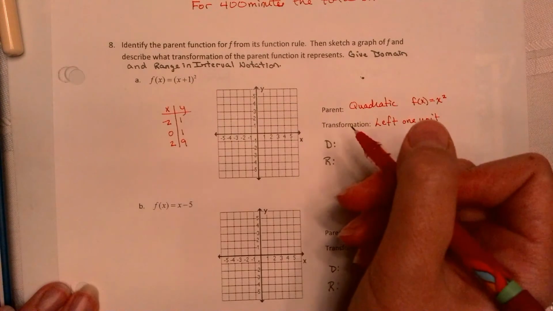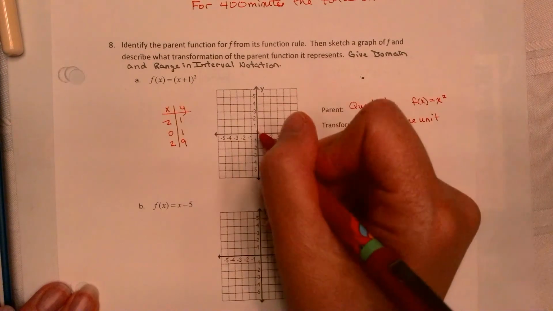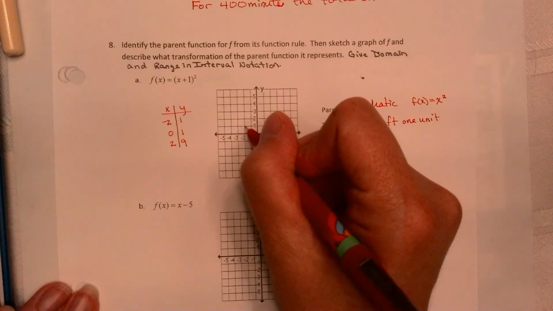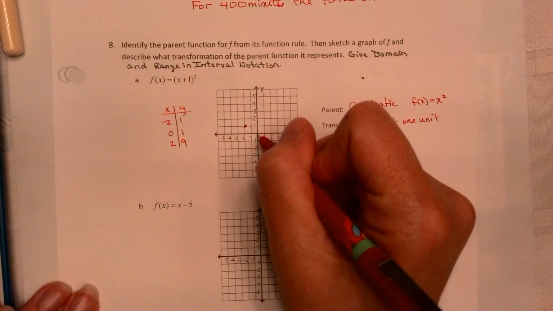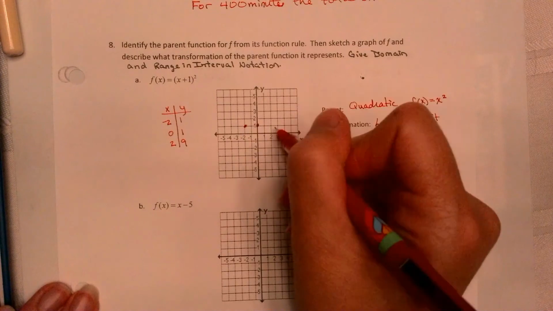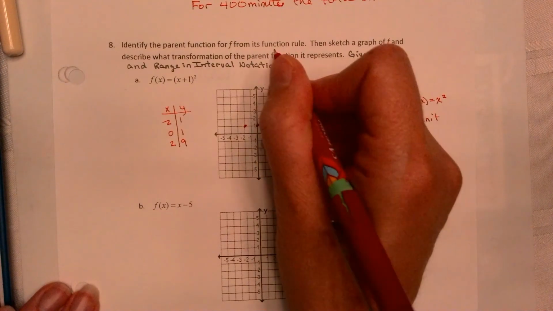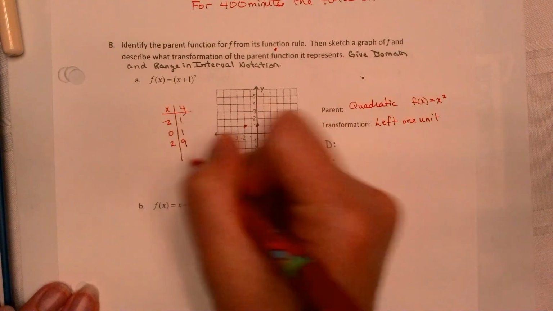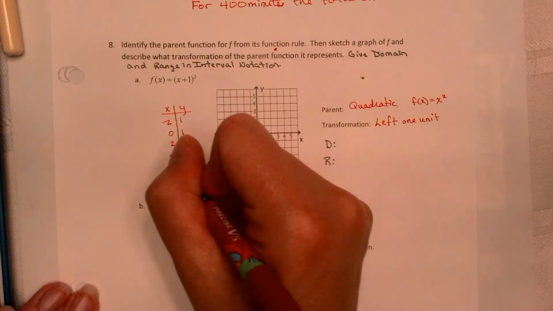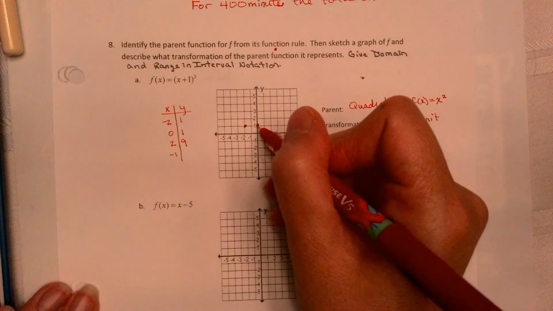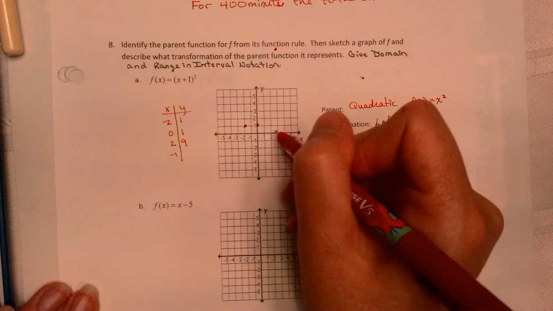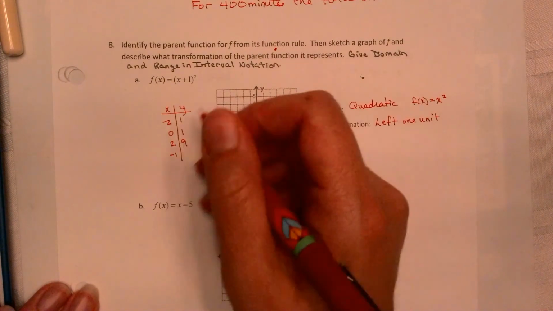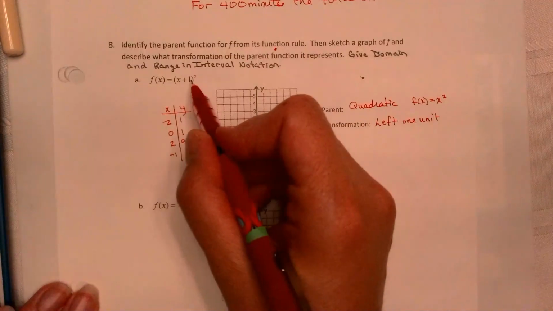And that's a little off my graph. So let's see what's happening here. I put in -2, I got out a 1. I put in 0, I got out a 1. I put in +2, and that points way up here. So maybe I need to put in -1. -1 plus 1 is 0.